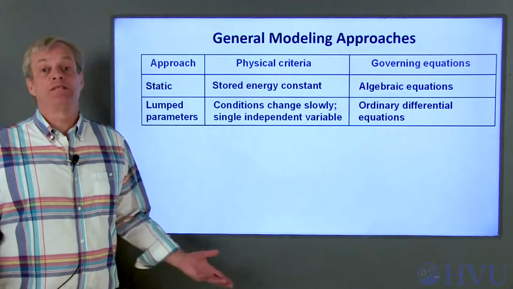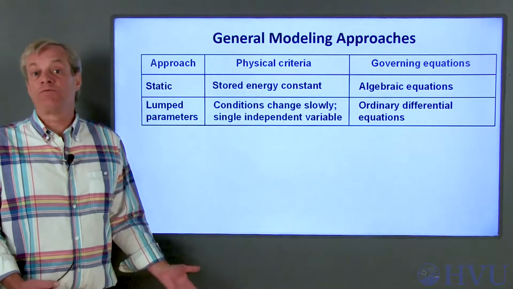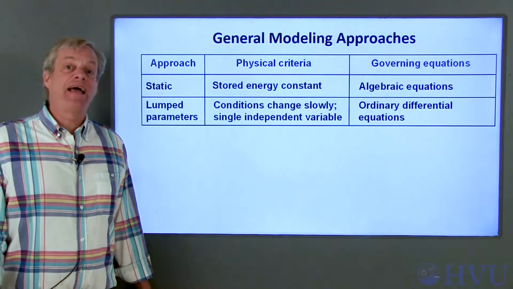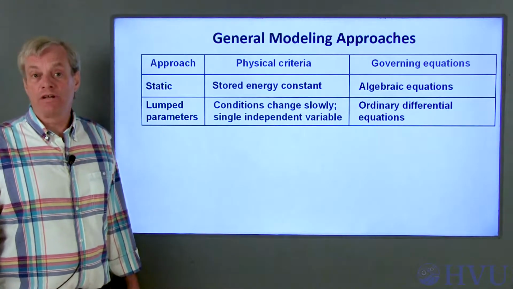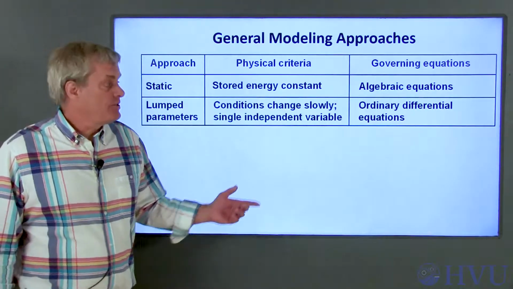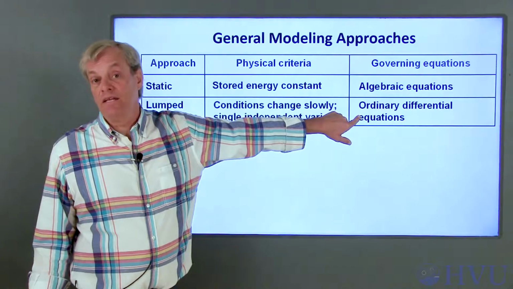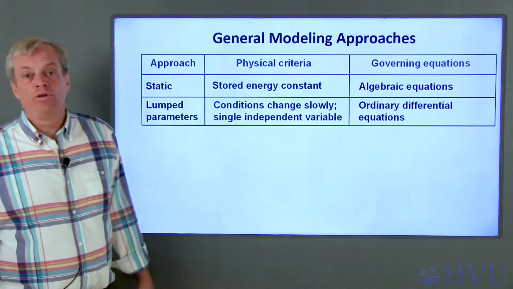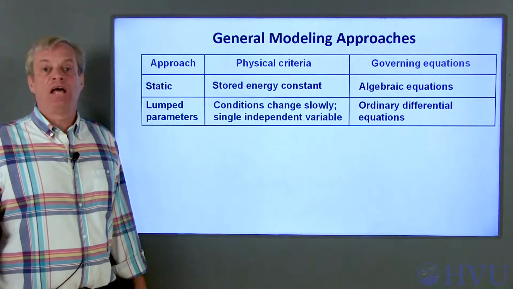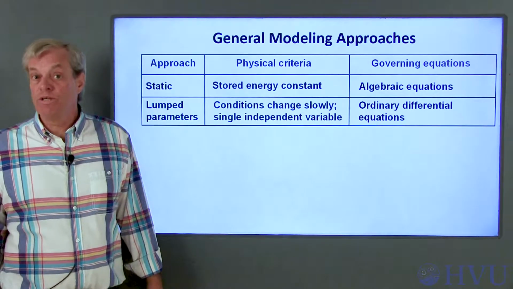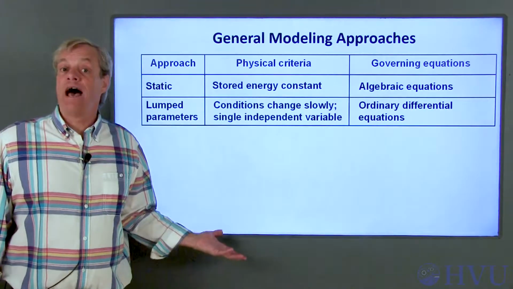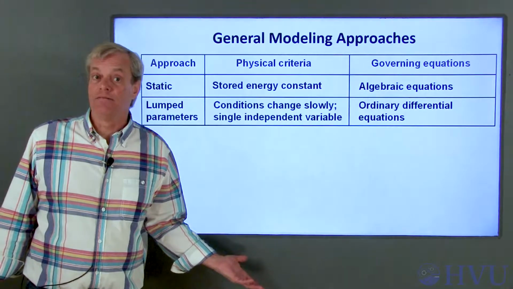We can just lump the entire car into one big mass with a single velocity and get an accurate representation of the energy in the car. These types of models are governed by ordinary differential equations, in which there is only one independent variable. In general, using a lumped parameter model implies that the rate of change of the input is slow relative to how fast the system can respond.